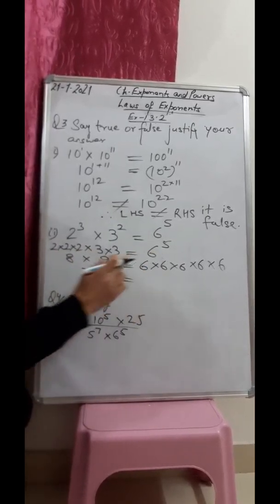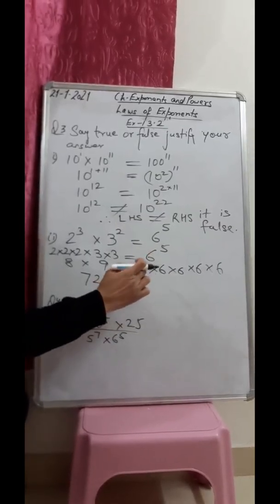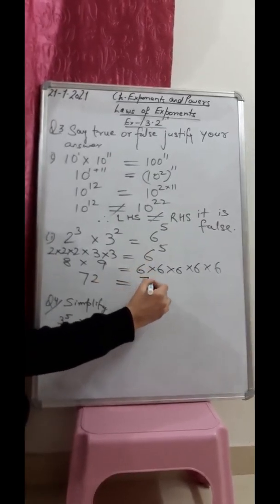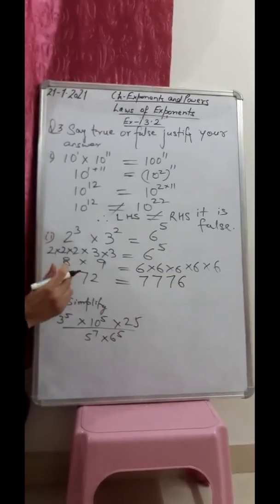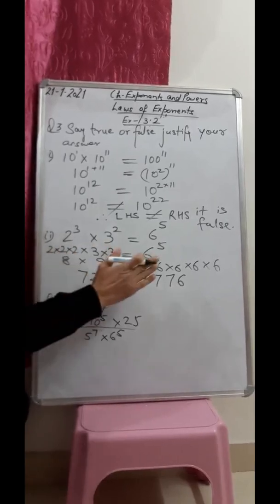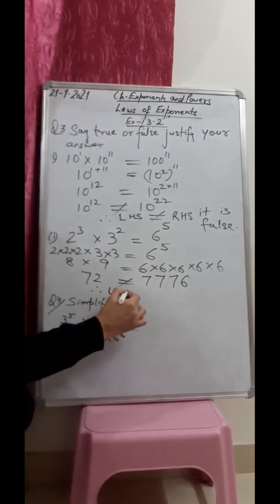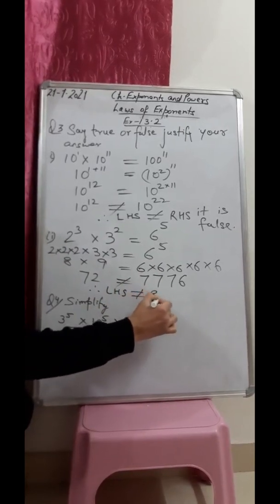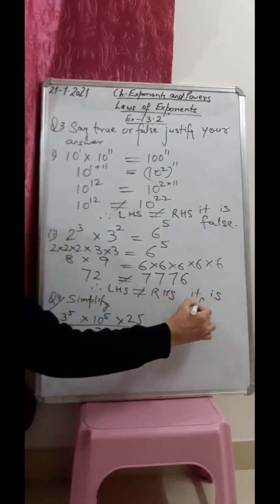On the right hand side you have to multiply 6 five times, which gives you 7776. The left hand side is not equal to the right hand side, therefore LHS is not equal to RHS. It is false.